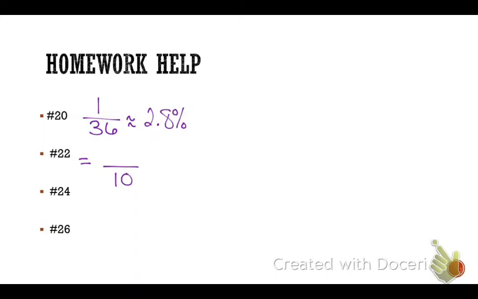Now let's look at number 22. How many of them could be spinning an even number and flipping heads? So how many even numbers do I have on the spinner? 2. Is it possible for me to spin a 2 and land on heads? I could spin a 2 and land on heads, or I would spin a 2 and land on tails. It's going to be one or the other. So 2 heads is one favorable outcome.